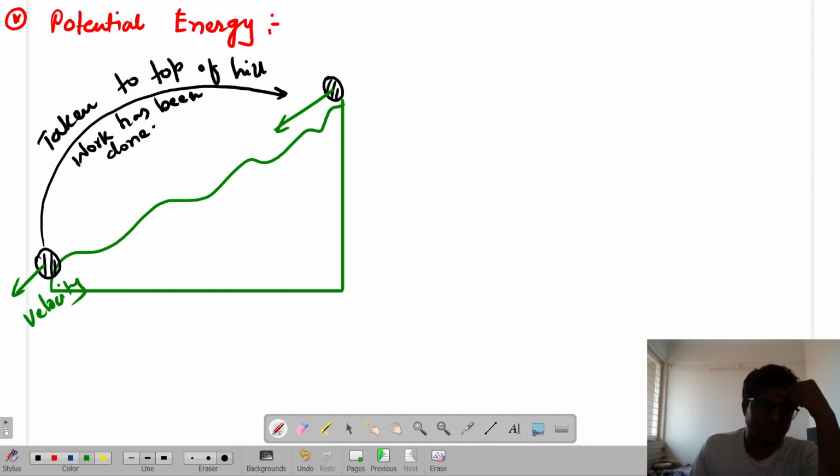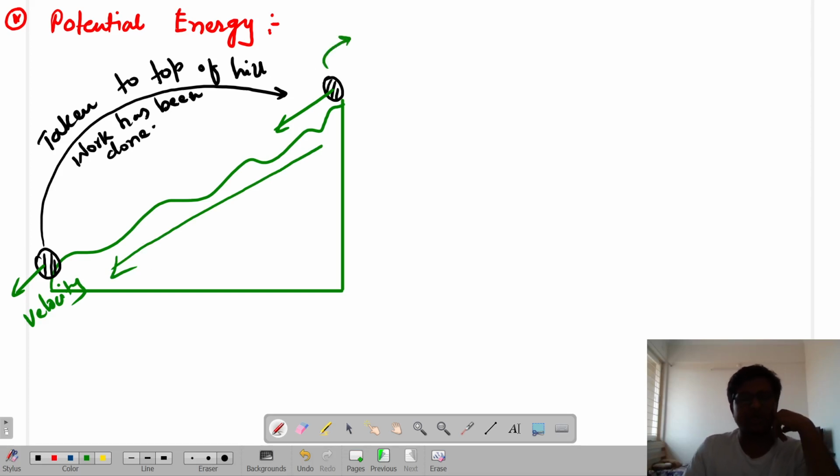The question is how does it get its velocity? See, I brought it from rest and then I kept it over here. But when it is coming down, it gets its velocity, isn't it? So that means to provide that velocity, some energy should have been already present over there, isn't it?